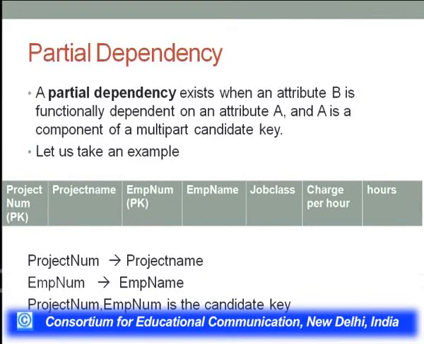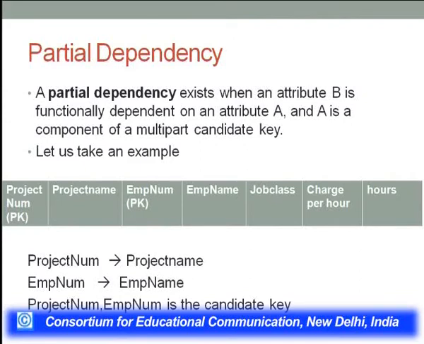So, a partial dependency exists when an attribute B is functionally dependent on an attribute A, and A is a component of a multi-part candidate key. Therefore, in this case, project number and employee number is the candidate key or also the primary key, but there are attributes in the table which depend on only a subset of the primary key, only on a part of the primary key and not the complete primary key.